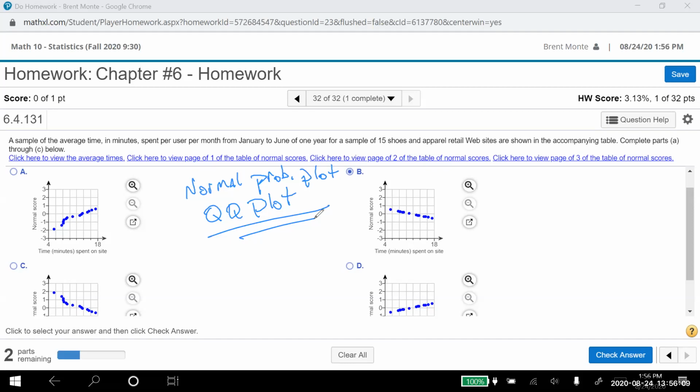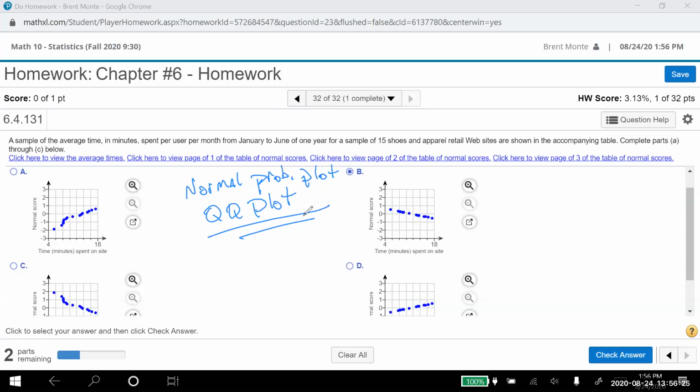If you do it in Excel, if you're doing the statistics in Excel, it's called a QQ plot. If you do it in StatCrunch, it's called a QQ plot. So if we're doing our own normal probability plot, we're going to look for where it says QQ plot.